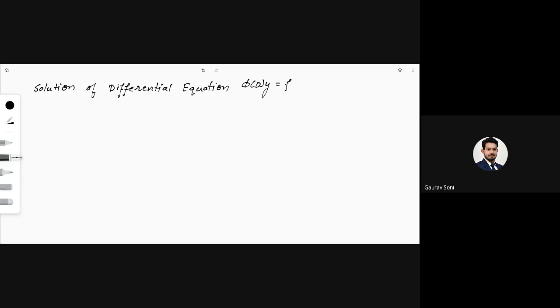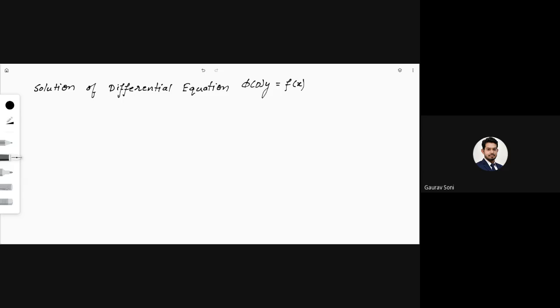So, the solution of a differential equation, phi of d y is equal to f of x.